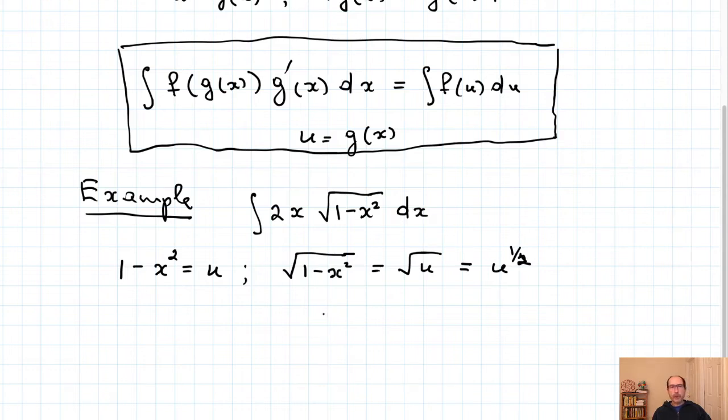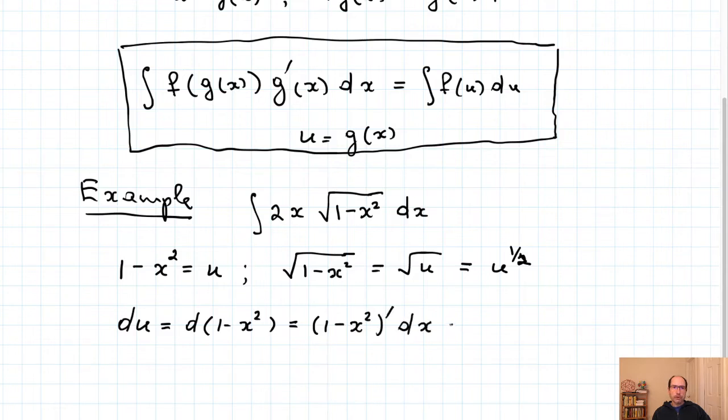So that simplifies that part of the integral that contains the square root. And moreover, if you calculate du, the differential of u, it is the differential of 1 minus x squared. And we can calculate that as the derivative of 1 minus x squared multiplied by dx, which is negative 2x dx.